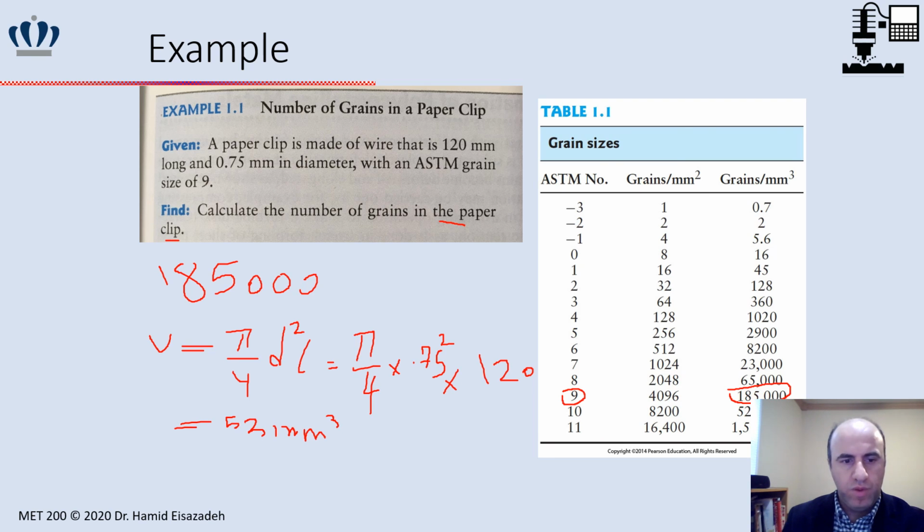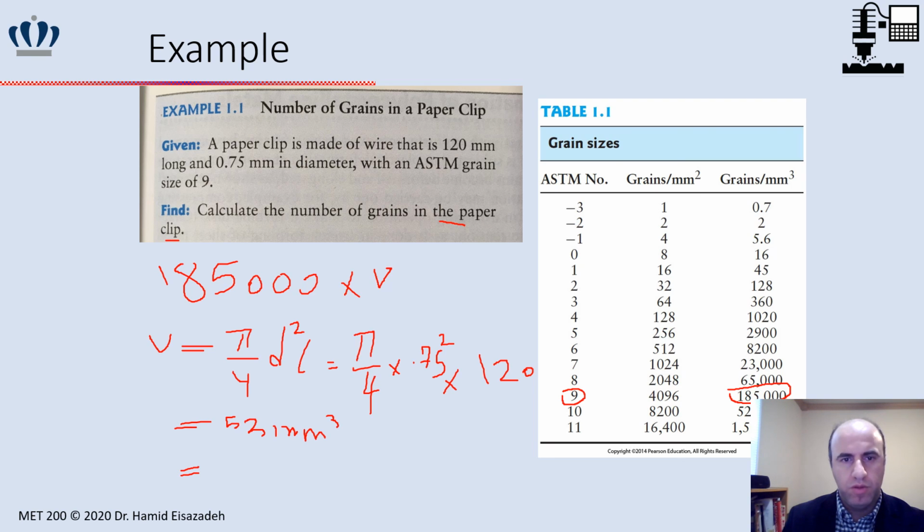So if we want to find out how many grains we have, we multiply the number of grains by the volume, right?